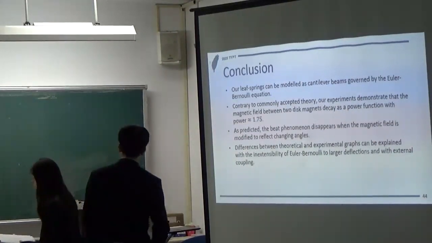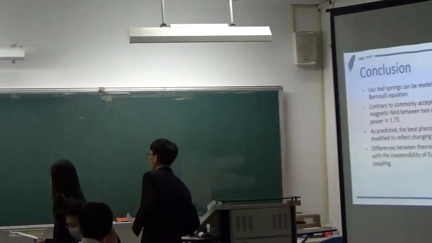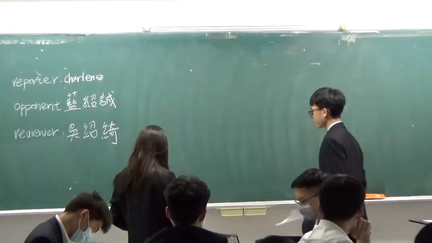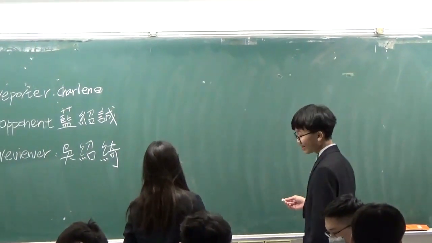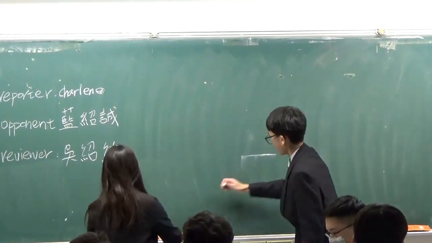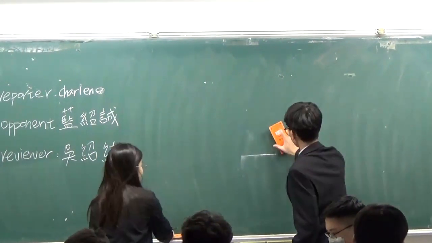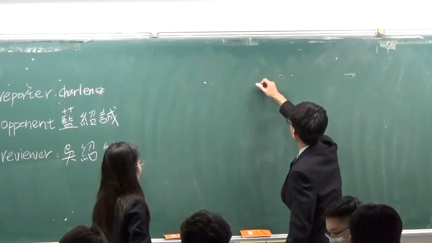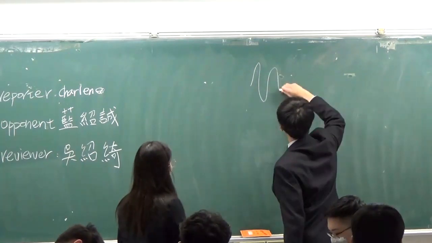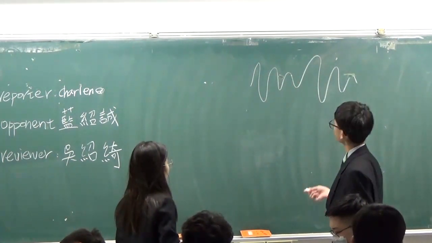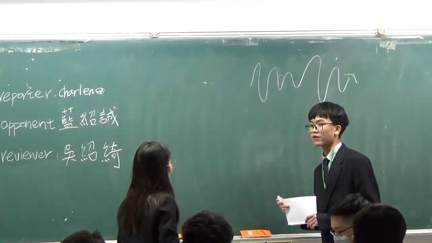And next, I want to discuss how different parameters will affect the motion, since there is a lack of parameter analysis in your report, we believe. First, you draw the graph using Python in your report, right?